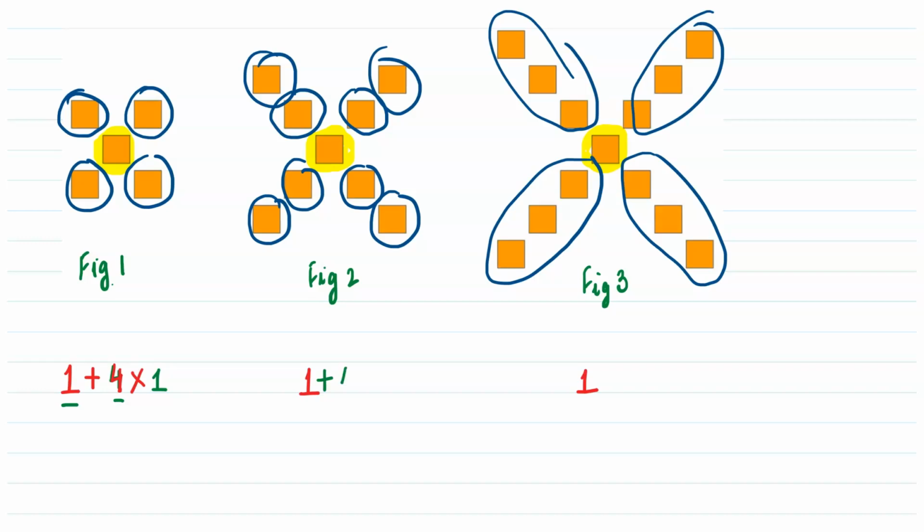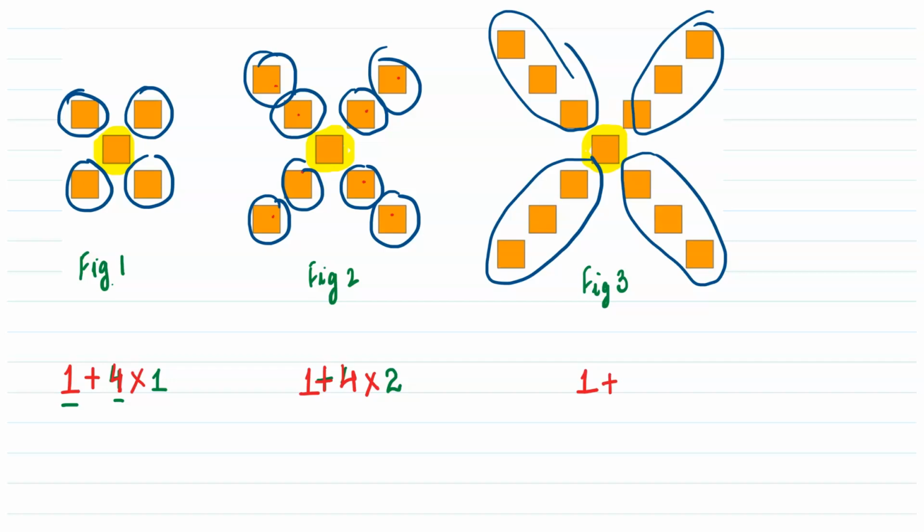So in the second figure, so let's use the same color. In the second figure, how many tiles are there on each corner? Yes, there are 2 tiles. 1, 2, 1, 2, 1, 2, 1, 2. So there are 4 corners and there are 2 tiles in each corner. So 4 times 2.